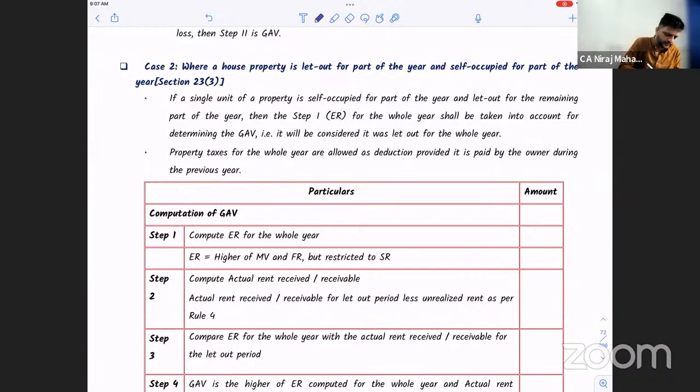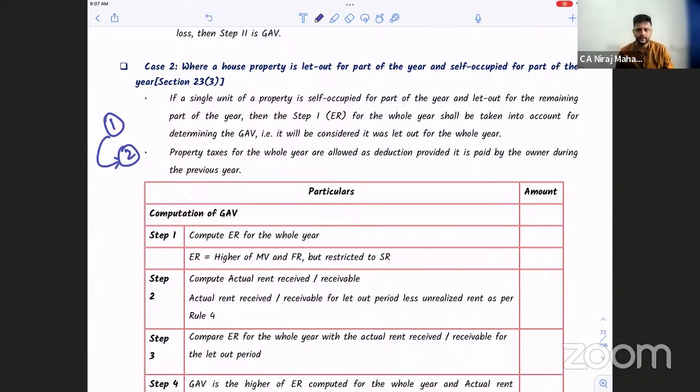Let us say you had one house property that you own and were using. Then during the middle of the year, you got another house property. You are rich, so you shifted to house property number 2, and house property number 1 you have given on rent.